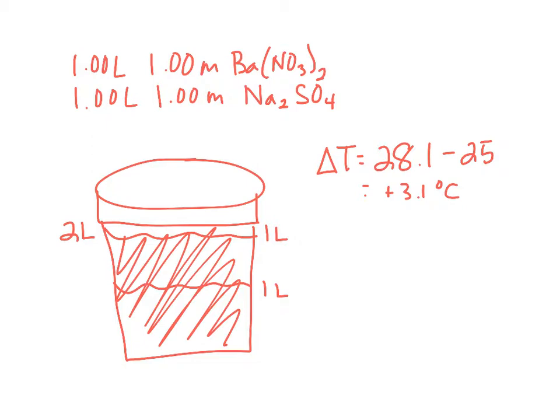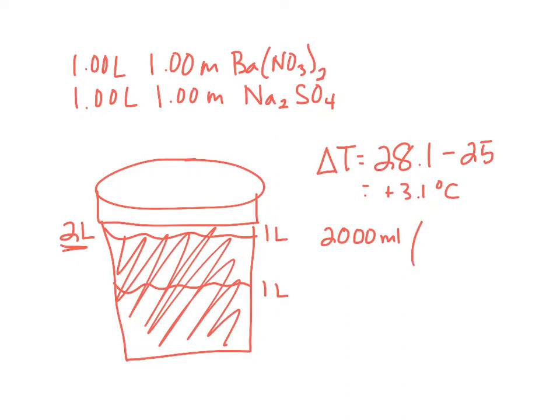Well, we know something about the solution. We know the solution is 2 liters. And they told us that the density of the solution is 1 gram per milliliter. So if we have a 2 liter solution, that would be 2,000 milliliters.